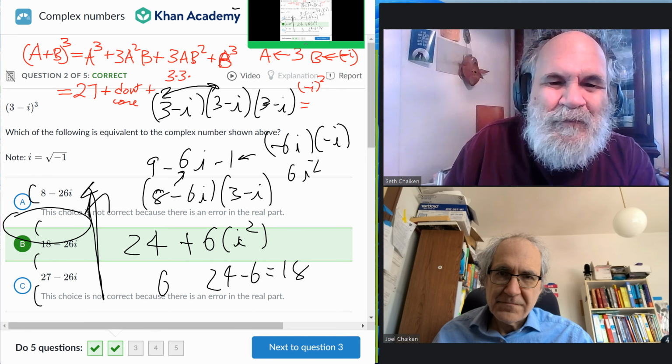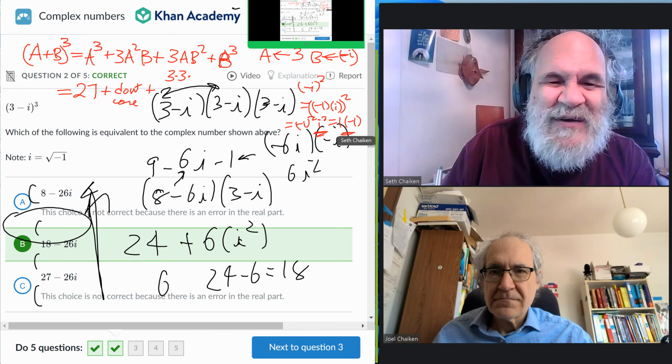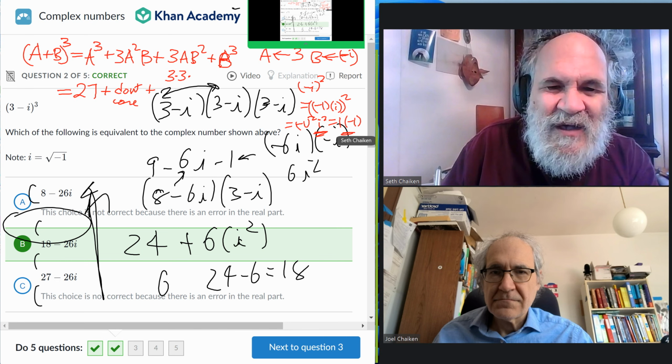Minus i is minus 1 times i, and the whole thing is squared. So this simplifies to minus 1 squared times i squared. Minus 1 squared is 1, and i squared, by the weird rule about squaring i, is minus 1. And so this is equal to minus 1.